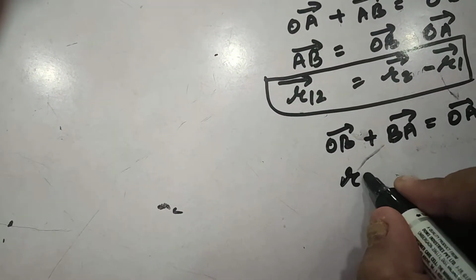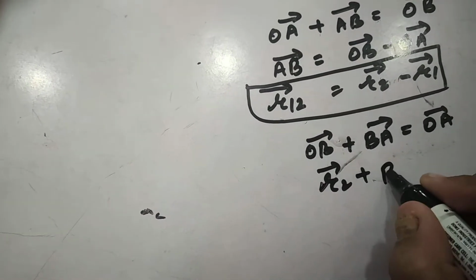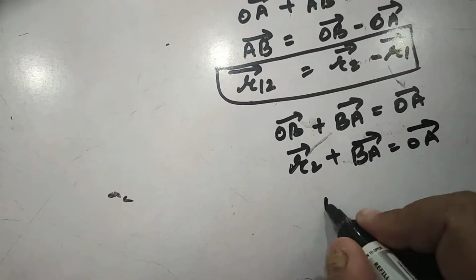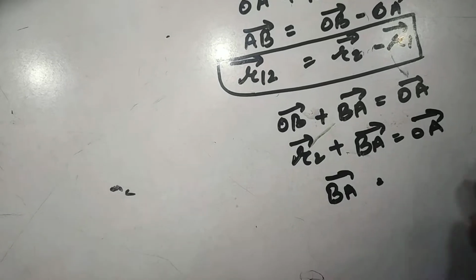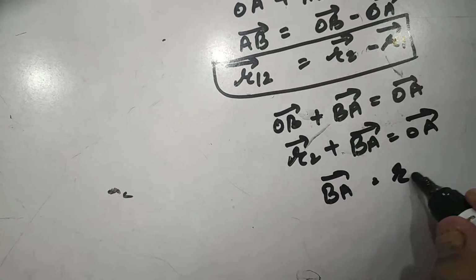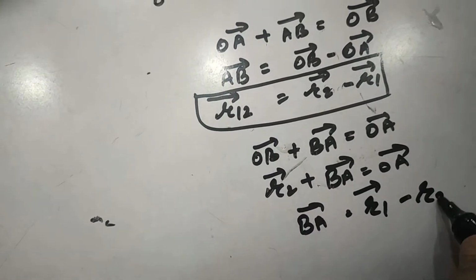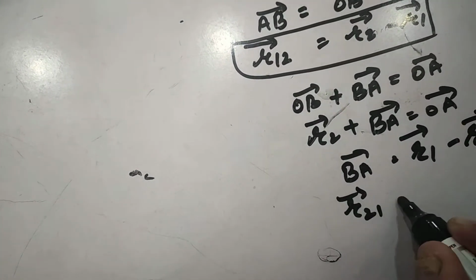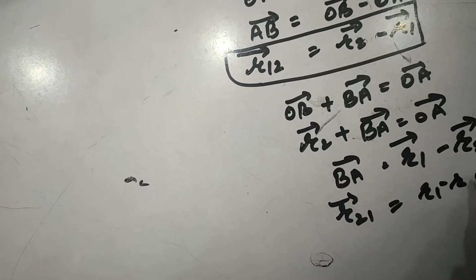So OB is r2 vector plus BA vector is equal to OA vector. So BA vector is equal to r1 vector minus r2 vector, or BA, r21 vector, is equal to r1 minus r2.